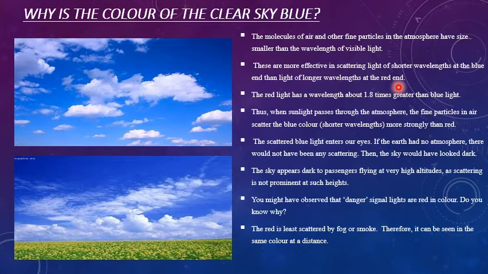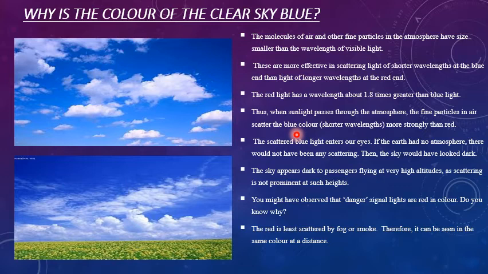The red light has a wavelength about 1.8 times greater than blue light. Thus, when sunlight passes through the atmosphere, the fine particles in air scatter blue color more strongly than red. Understood?